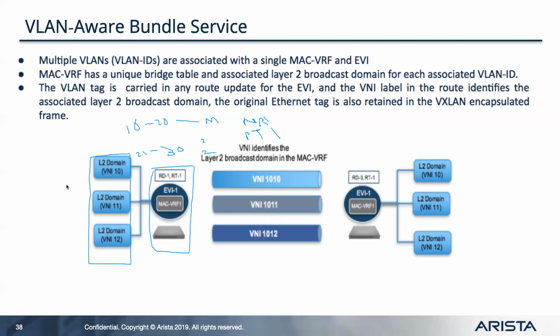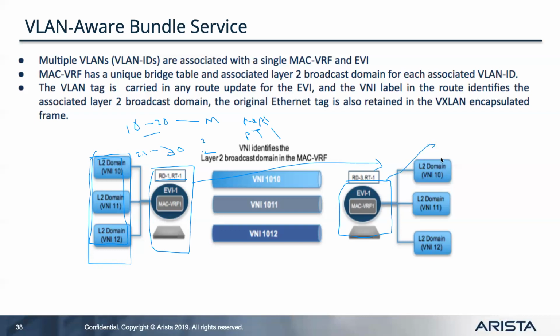So basically, you can divide all the VLANs into groups of multiple MAC VRFs, right? So multiple VLANs are part of the same MAC VRF, 10 to 20, which has one RD and RT value. Now again, the problem will be the same as what we saw in the previous one. When this route comes here, because all VLANs have the same route target, we won't be able to make sure which VLAN this MAC belongs to.